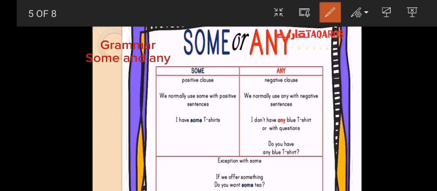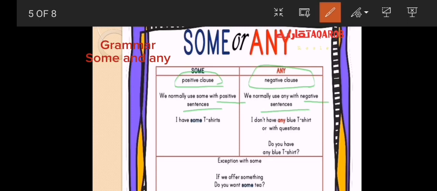We use some in an affirmative sentence or positive clause, and any we use with a negative clause or negative sentence.